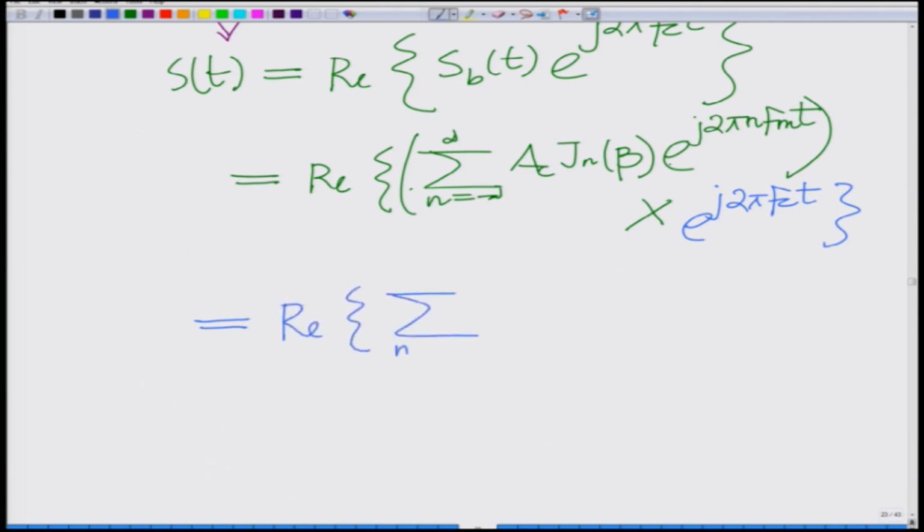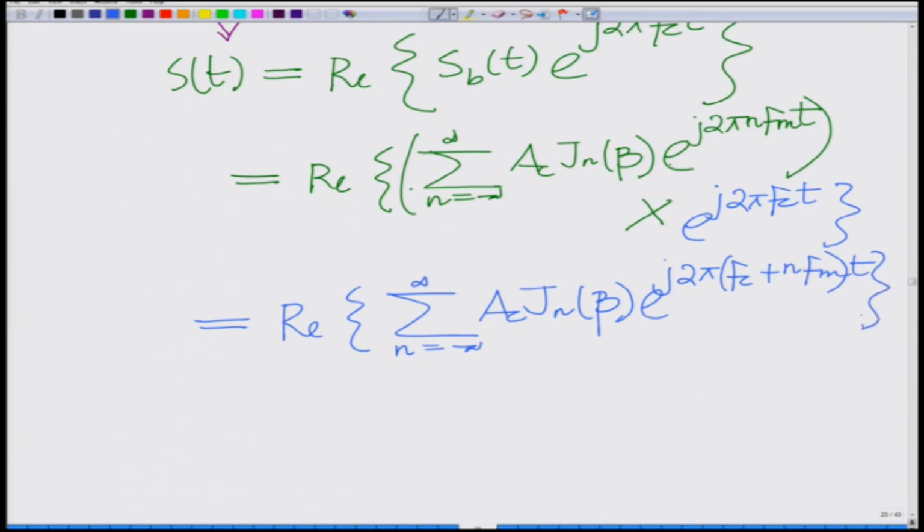which is equal to, taking e to the power of j 2 pi fc t inside, the real part of the summation n equal to minus infinity to infinity of Ac Jn of beta e to the power of j 2 pi (fc plus n fm) t.